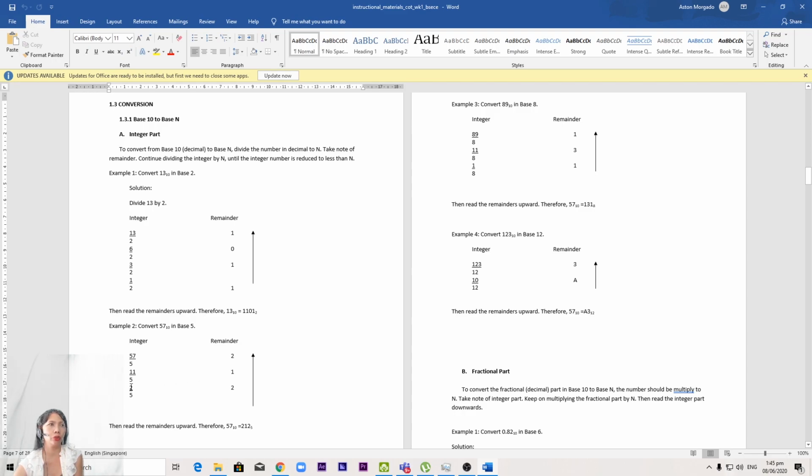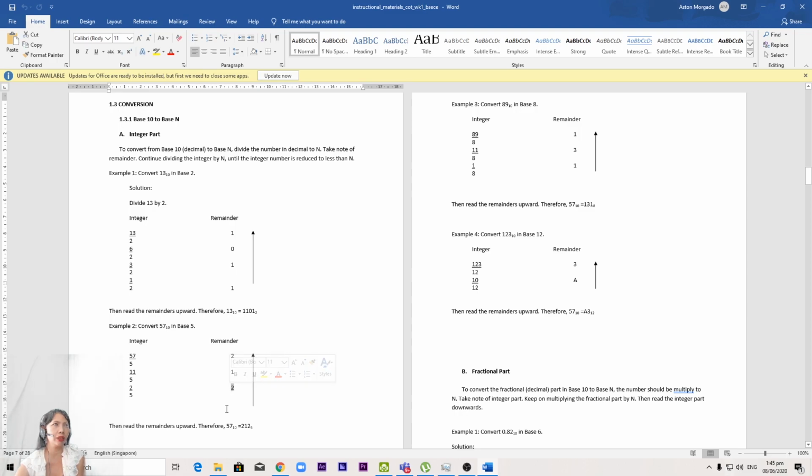Then 2 over 5 is already less than the base number, or divisor number.